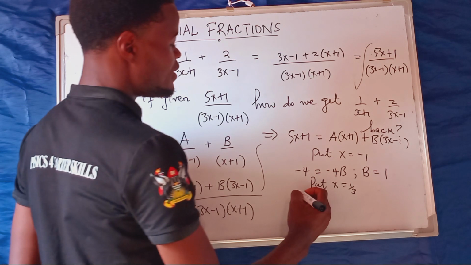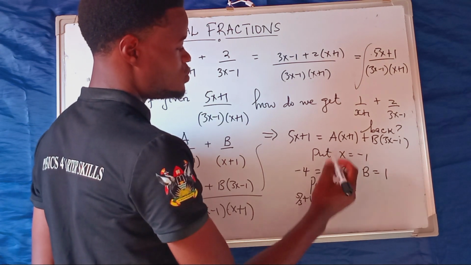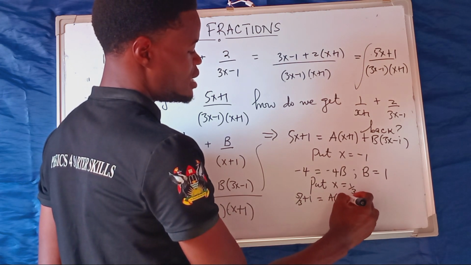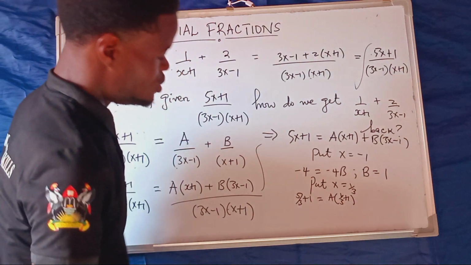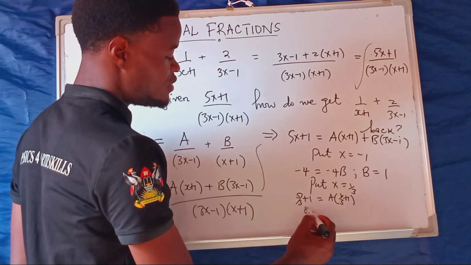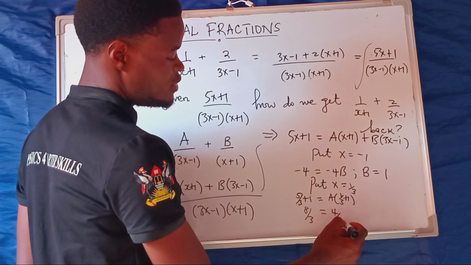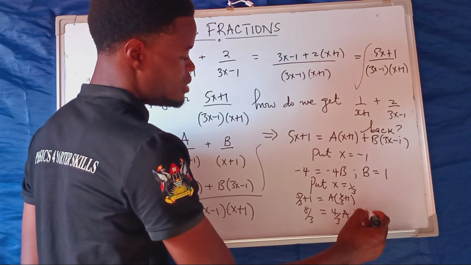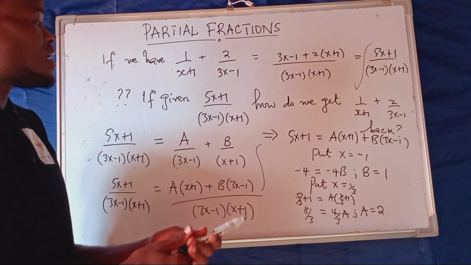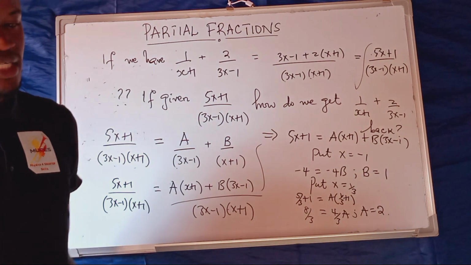So I have 5 over 3 plus 1 is equal to a into a third plus 1, then plus 0. So this one gives me 5 over 3 plus 1, which is 8 over 3, is equal to 4 over 3a. So I'll get my a as 2, such that if I replace my b and my a here, I still get back that.